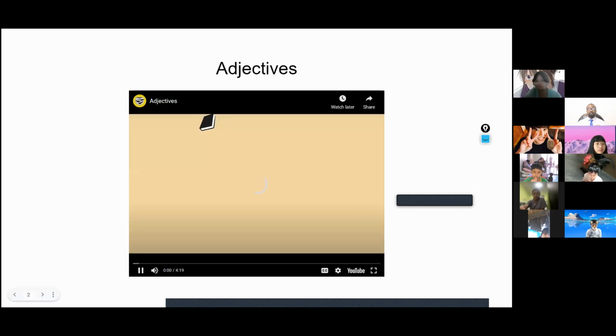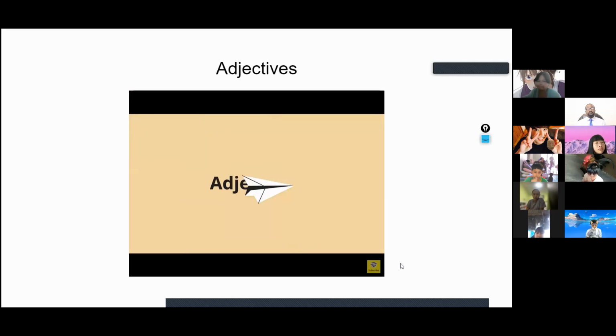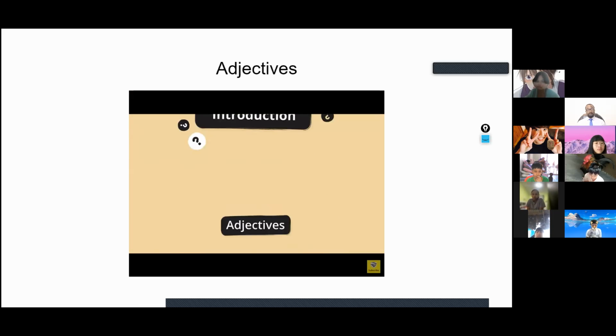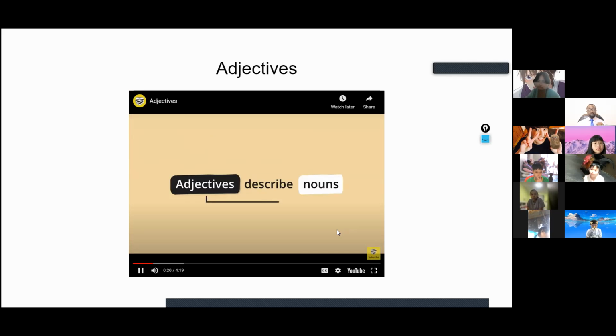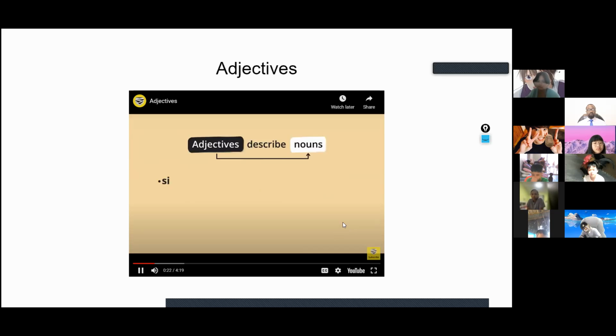ESL Library. Adjectives. What are adjectives? Adjectives are words that describe nouns. Adjectives can tell us information about a noun, such as the size and color.